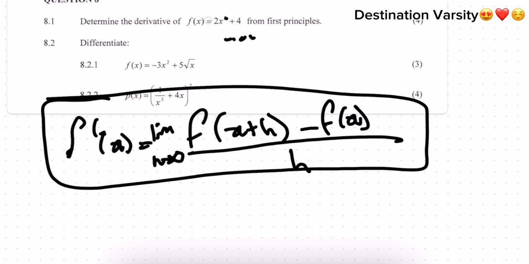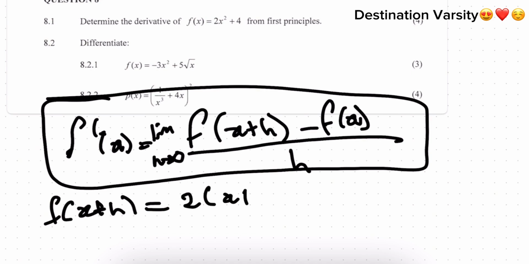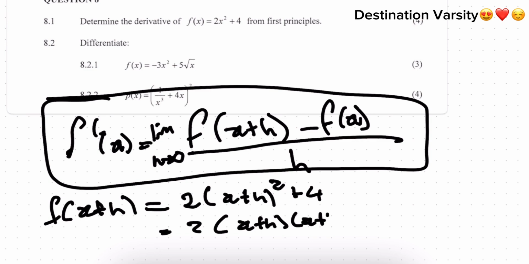Okay, let me erase this over here. Let's first start by determining f of x plus h. F of x plus h is equal to 2 times (x plus h) squared plus 4, right? That's equal to 2 times (x plus h)(x plus h) plus 4, right?